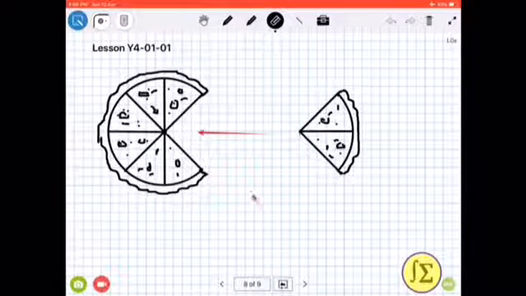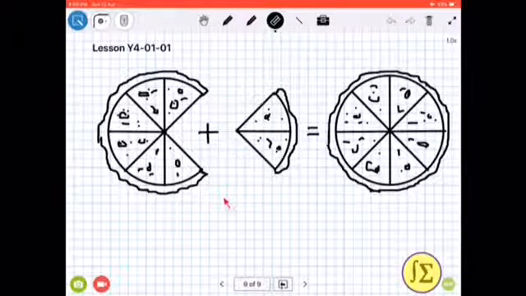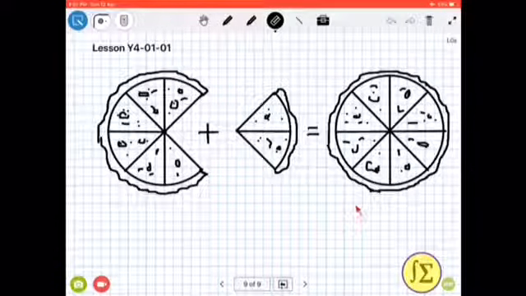In summary, you have the fraction that you took out, the smaller fraction, and the balance is the remainder, the larger fraction. When you add them together, you get back a whole pizza. So these are the basic principles of fractions.